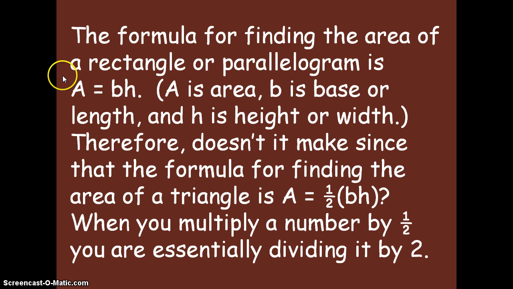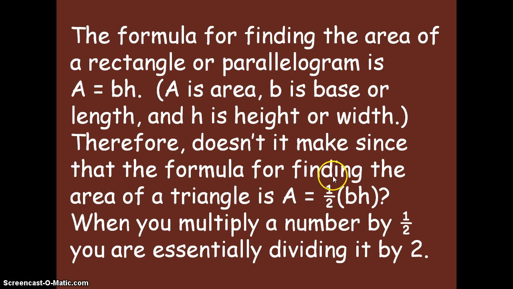Now, it makes sense when you realize that if the area of a rectangle or parallelogram equals base times height, and a triangle is half of a rectangle or parallelogram, then the formula would be 1/2 times base times height. When you multiply a number by 1/2, you're essentially dividing it by 2, just to keep that in mind.